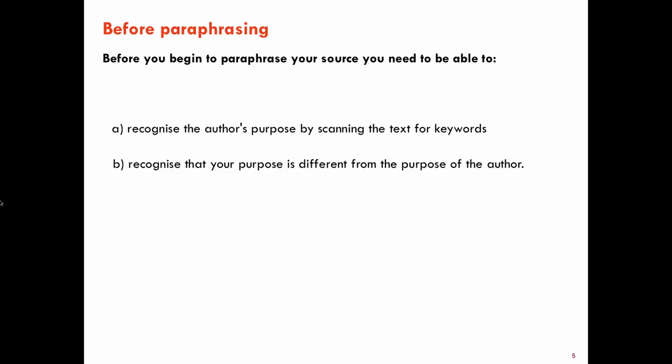To paraphrase successfully, you need to understand what you're reading. Processing the information by putting it into your own words helps you to remember it. Secondly, using your own words allows you to express your argument more clearly and to make your sentences flow more smoothly.